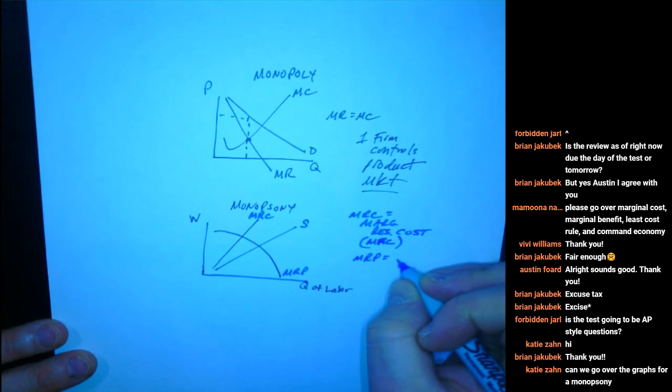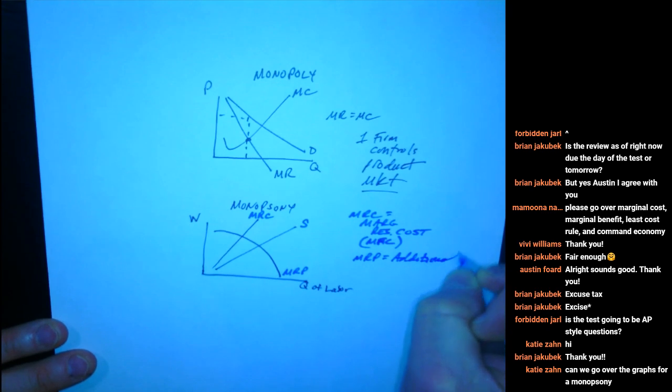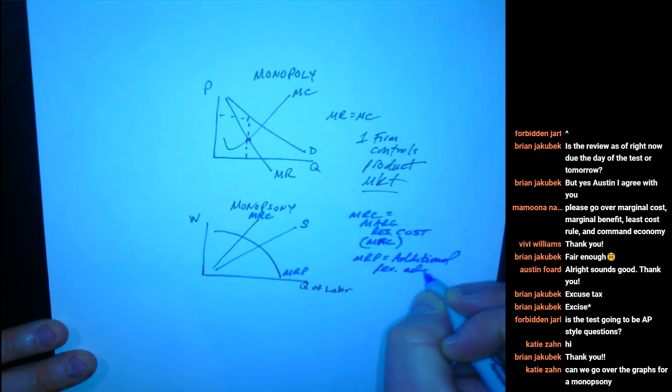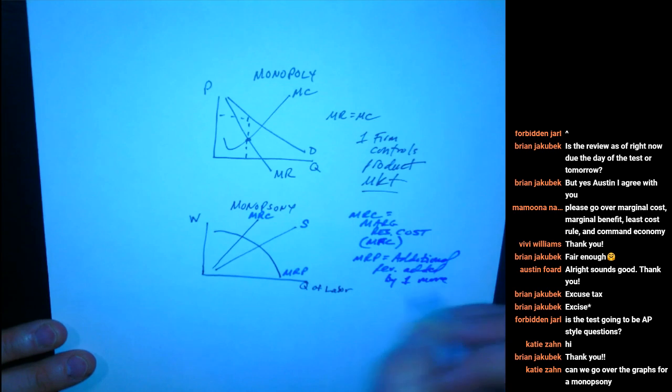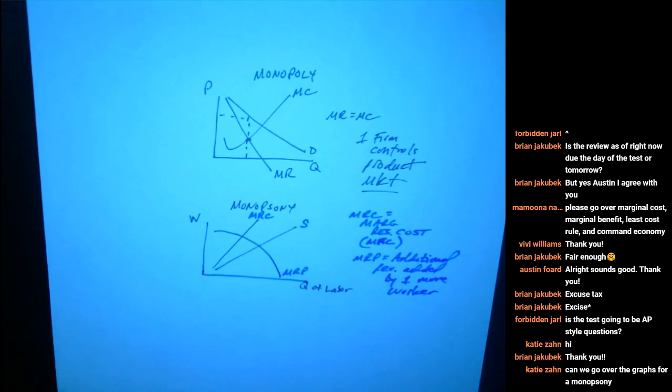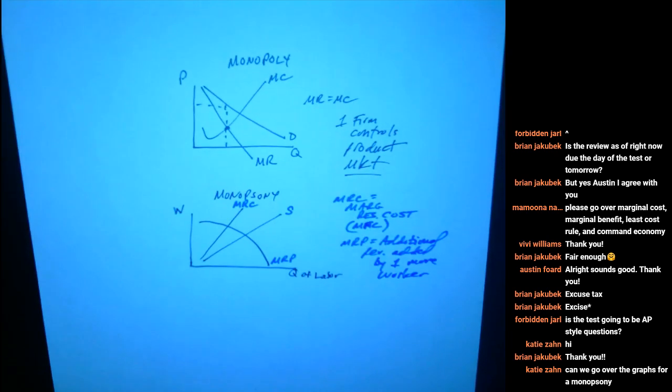MRP is the additional revenue added by one more worker. So think about when we did the push-up machine, and each time we added someone, since they were $1, they would generate an additional $1 of revenue. Or if Brian did 10 push-ups, it would add $10 more of additional revenue. All right. Okay, very good.